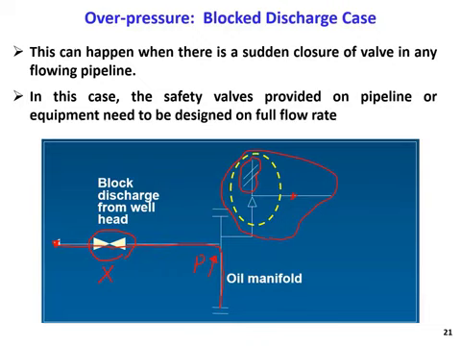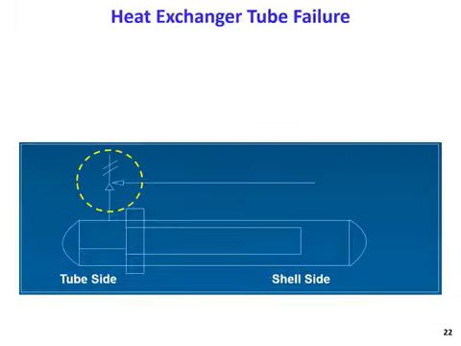So this happens when there is a sudden closure of the valve in the flowing pipeline. It can be for any reason. In this case, the safety valve can provide a full flow rate from this valve. So this is one of the cases where we can use this pressure release valve to overcome the overpressure.